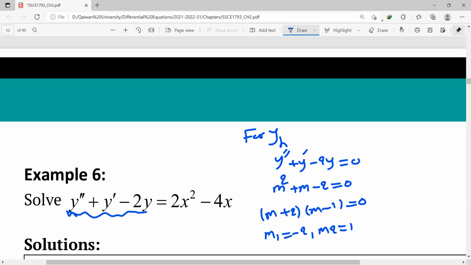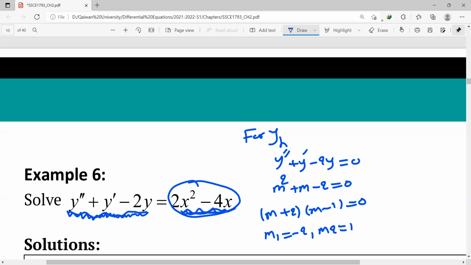Okay, what's your question? My question is, if on the other side the right-hand side changes, will the equation be different or can it be the same?